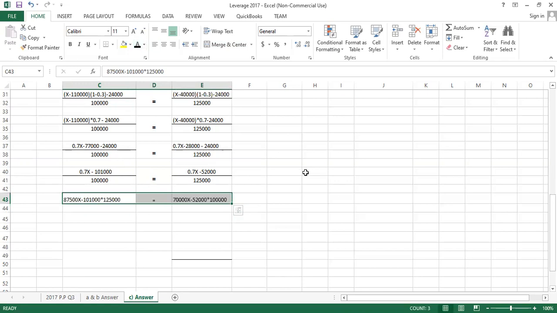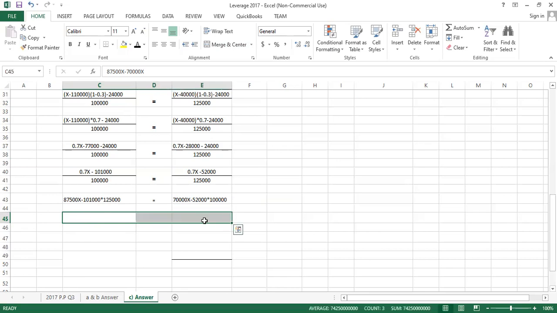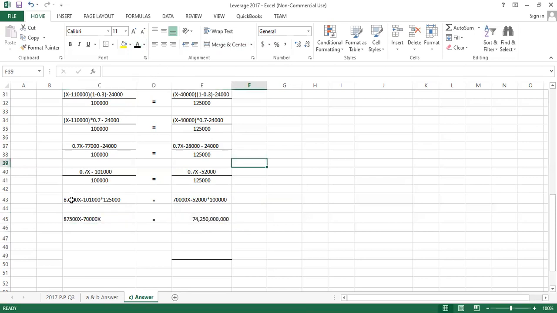Then solve this formula too. Then we want to cross multiply: (0.7X minus 101,000) multiplied by 125,000, likewise (0.7X minus 52,000) multiplied by 100,000. Solving this formula, we get 87,500X minus 70,000X equals this amount.